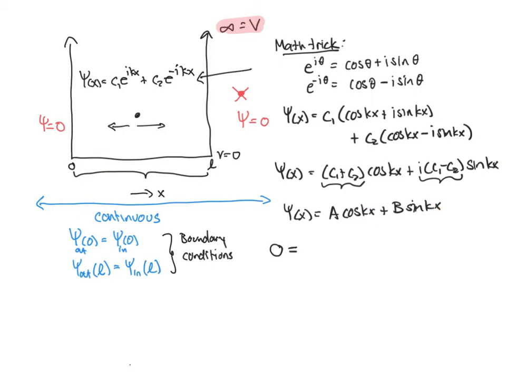If I put in 0 for x, I have A times cosine of 0, that's A, plus B times sine of 0, but sine of 0 is equal to 0. And so this tells me that A has to equal 0. And so if A equals 0, then my wave function inside the box is just B sine of kx.